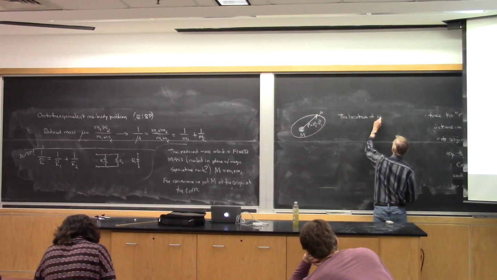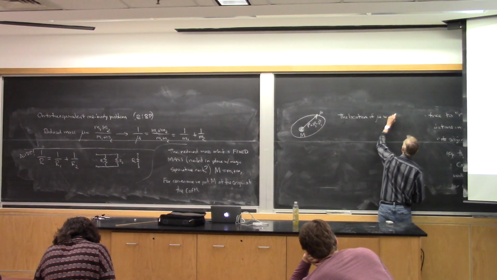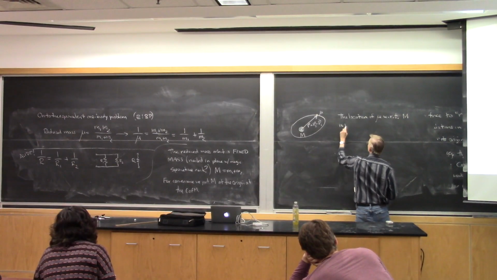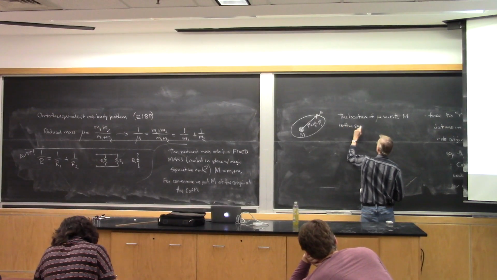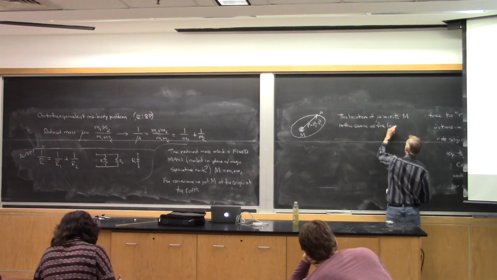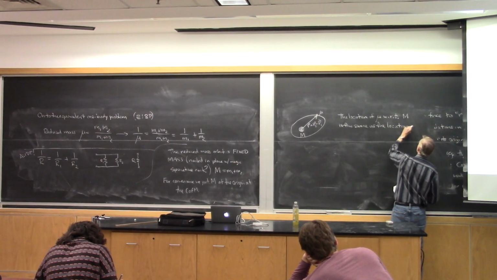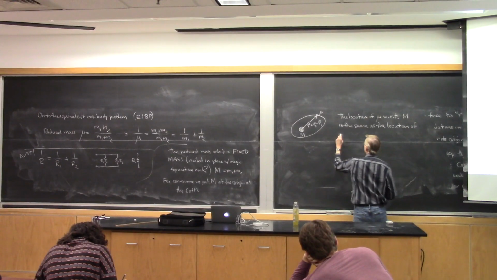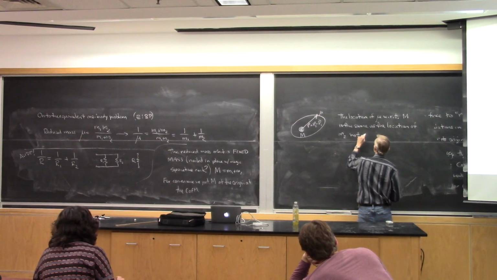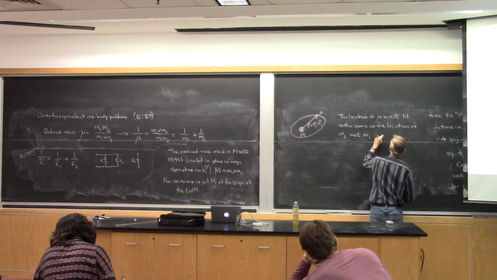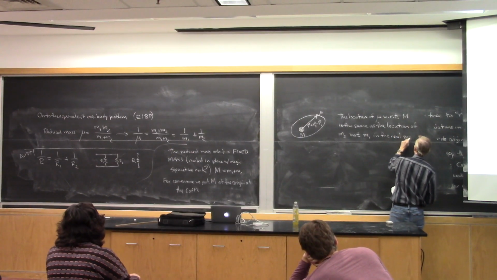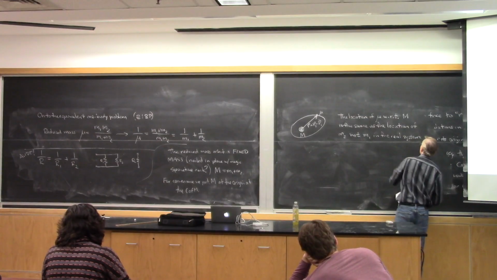The location of mu with respect to capital M is the same as the location of M2 with respect to M1 in the real system. At all times.